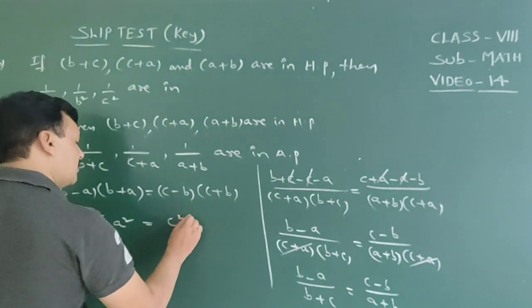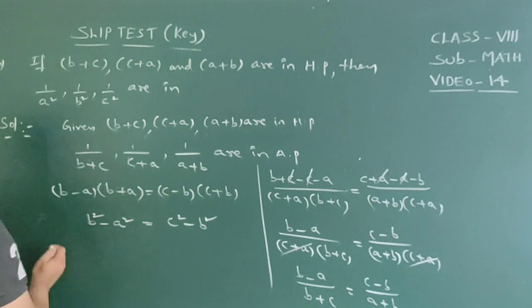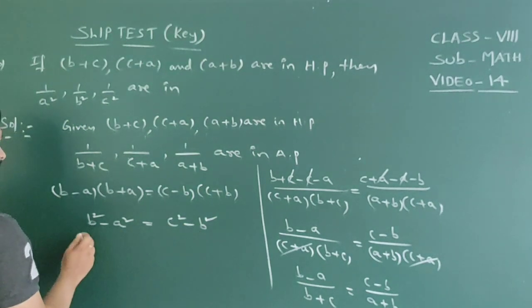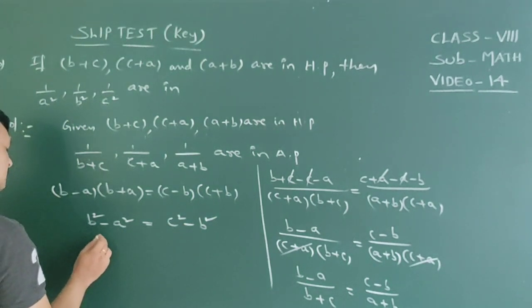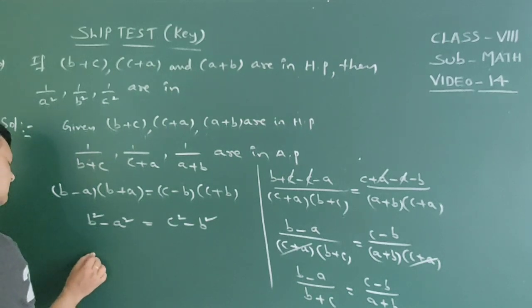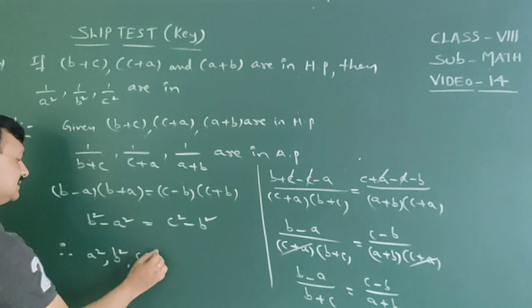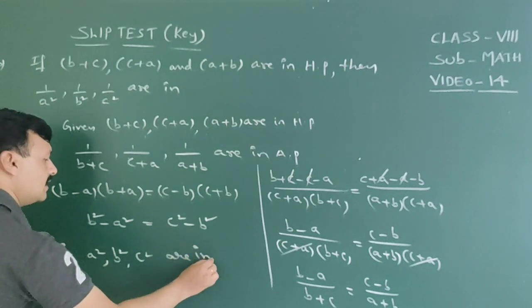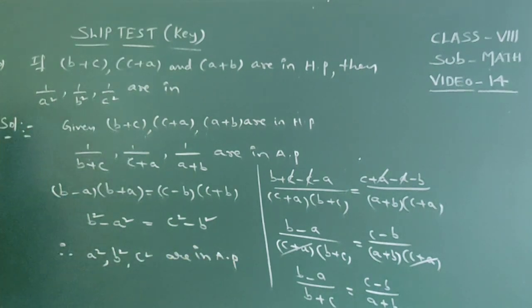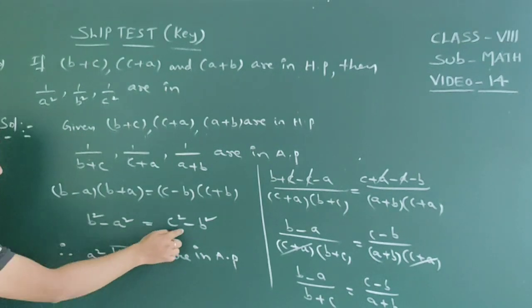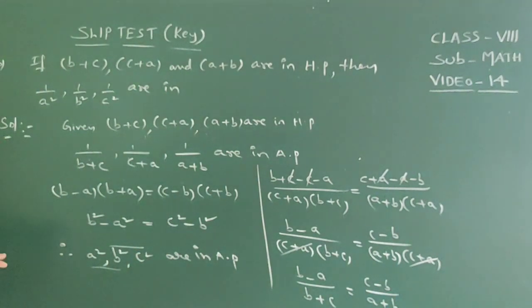Here c square minus b square. If you transfer b square here, a square, b square, c square are in AP. How can you say? There is a difference of these two, b square minus a square equals c square minus b square. That's why I wrote a square, b square, c square are in AP.